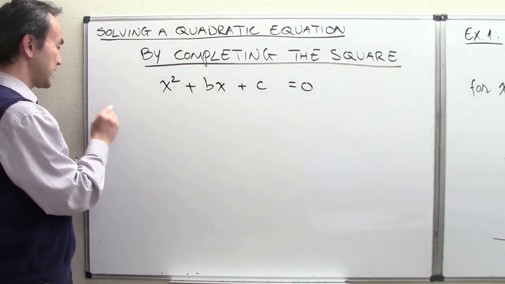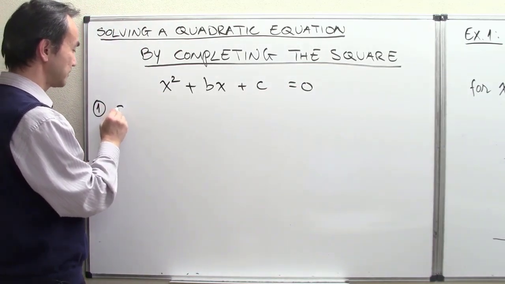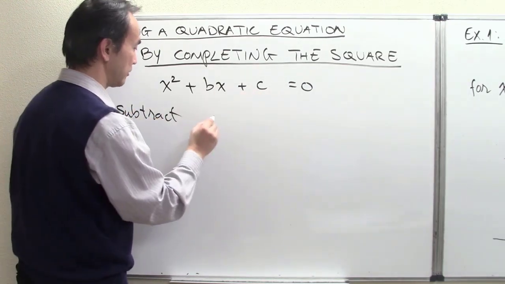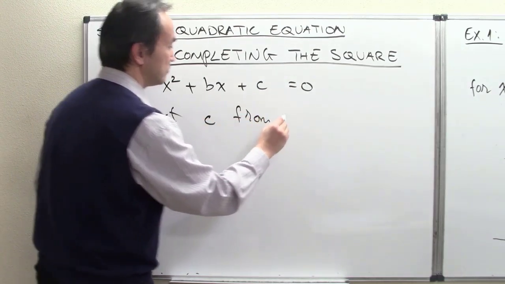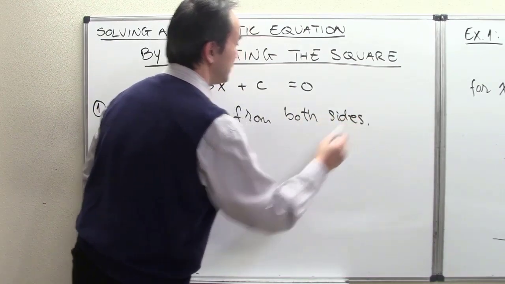And so the first step, we subtract the constant term, which in general is the constant term c right here. Subtract c from both sides of our equation.